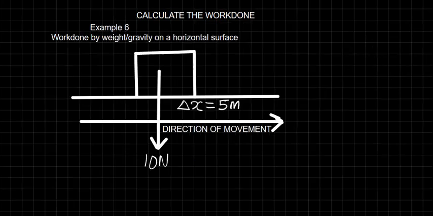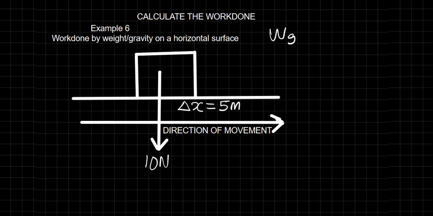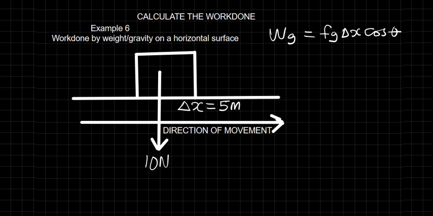The next is work done by gravity or weight on the horizontal surface. The work done by gravity on the horizontal surface is the weight, times the delta x, which is the displacement, and cos of theta. The weight can also be defined as the mass times the acceleration due to gravity.